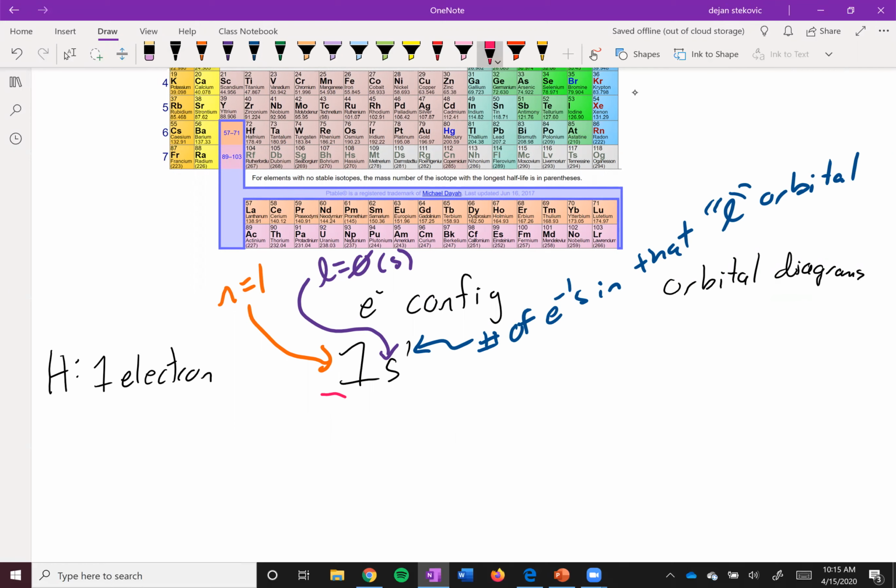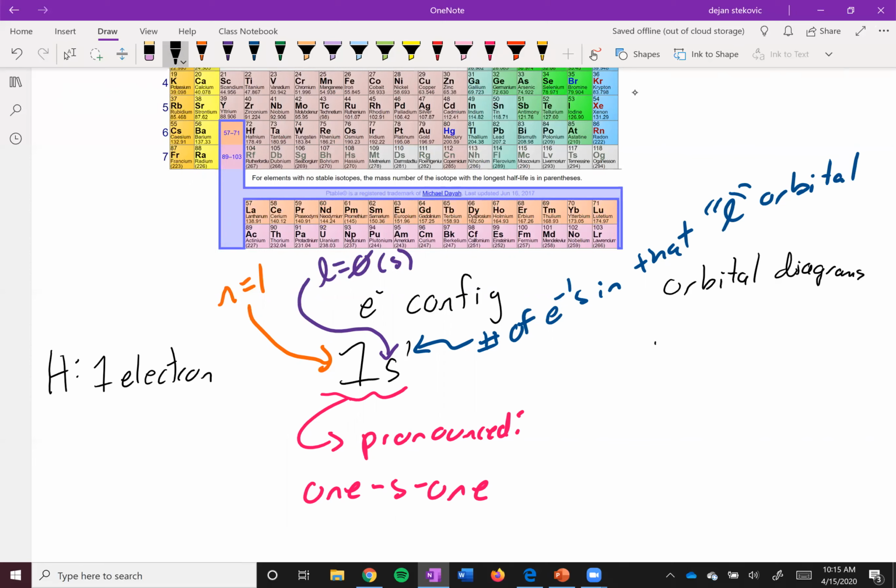If we were speaking verbally, the way we would pronounce this is 1s1. We say the electron configuration for hydrogen is 1s1. It has 1 electron in its n equals 1 and l equals 0 orbital.